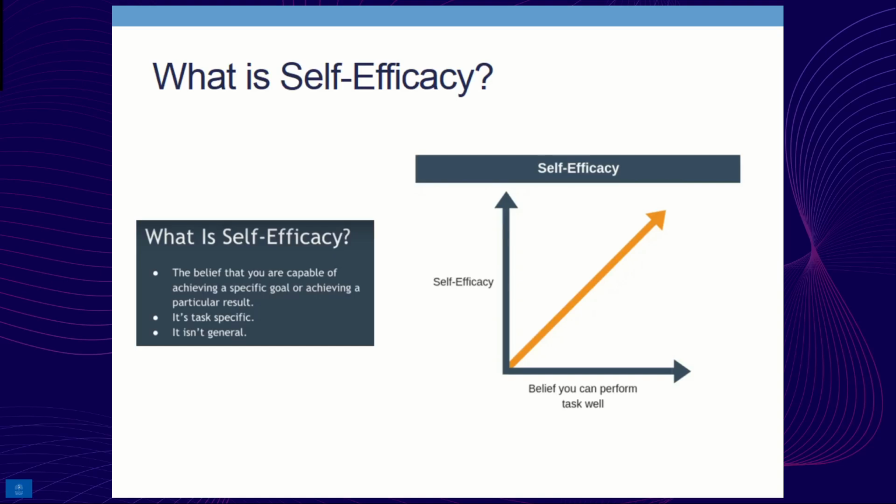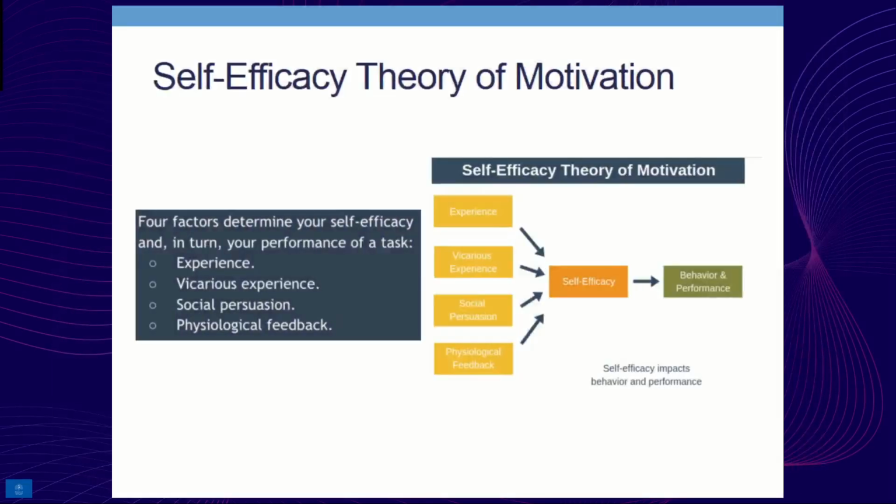Well, because people are less likely to give a task their full effort if their self-efficacy is low for the task. Another way to look at this is, why would you give it your maximum effort if you don't believe you can succeed at it?